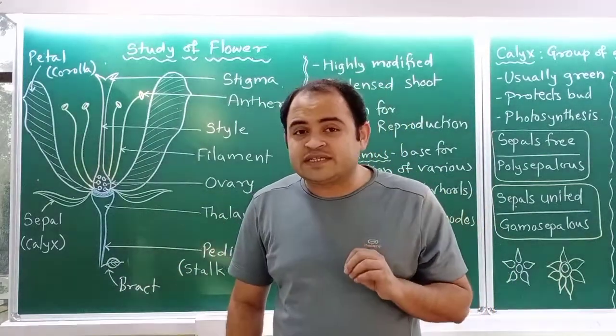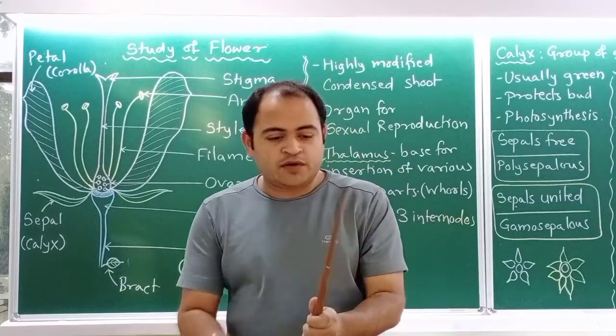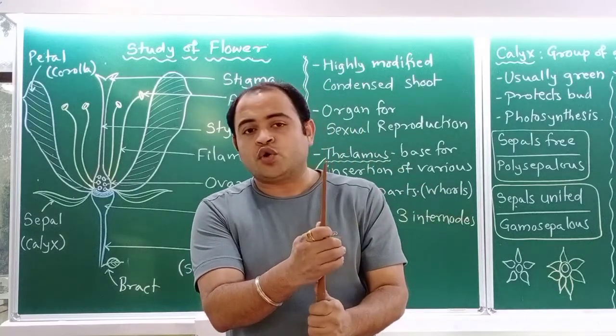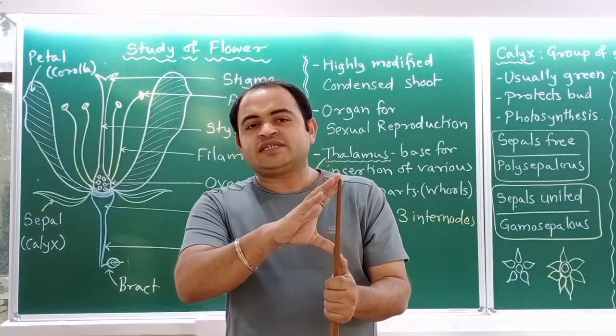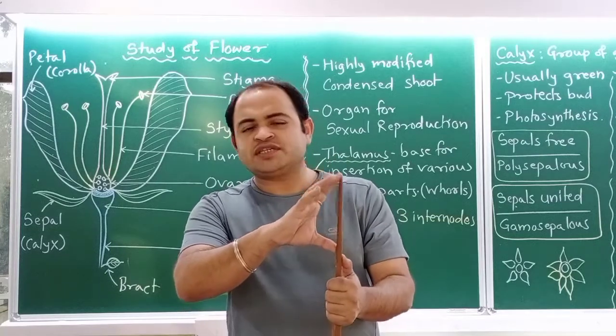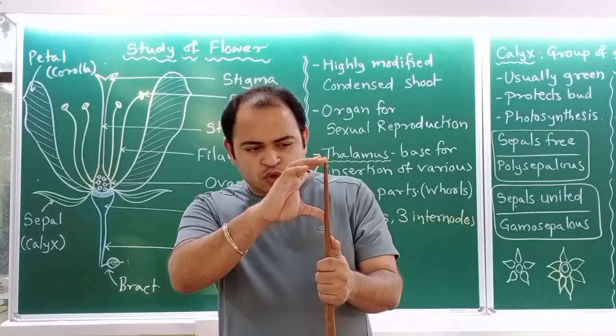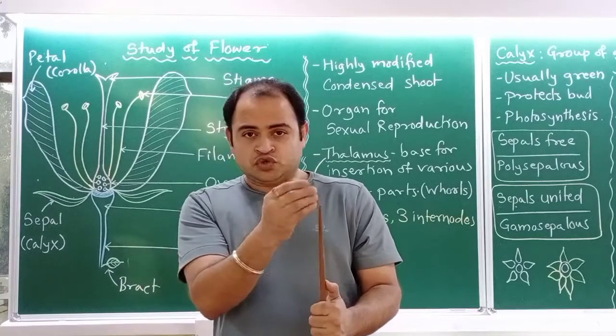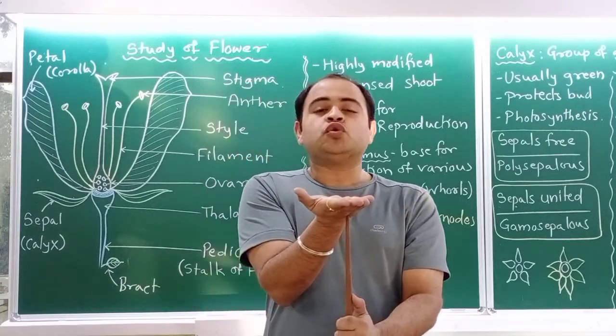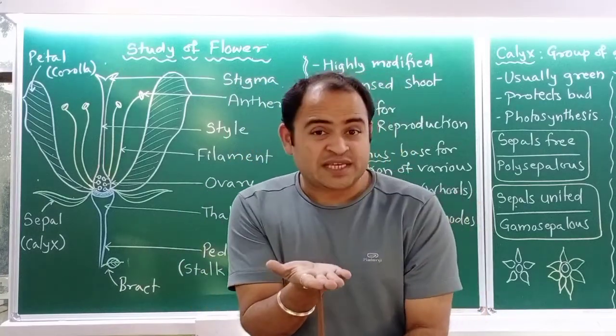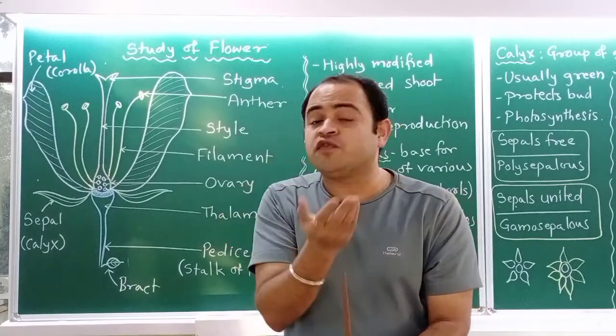Why is it called condensed stem? Remember the word which was told in the beginning itself. It's an evolutionary structure. Initially the stem was present like this, and slowly it condensed itself to make a flat disc, just to prepare a base for insertion of various floral whorls.